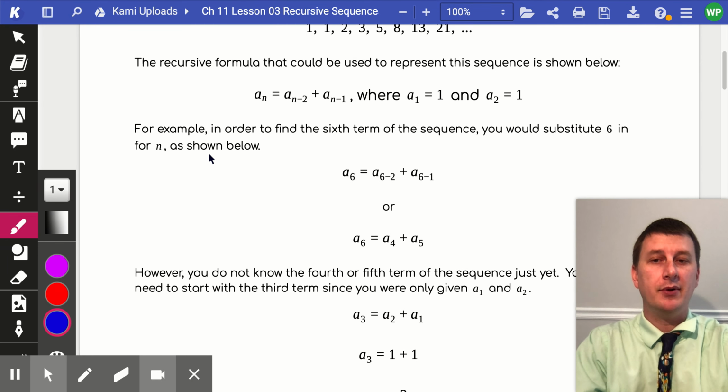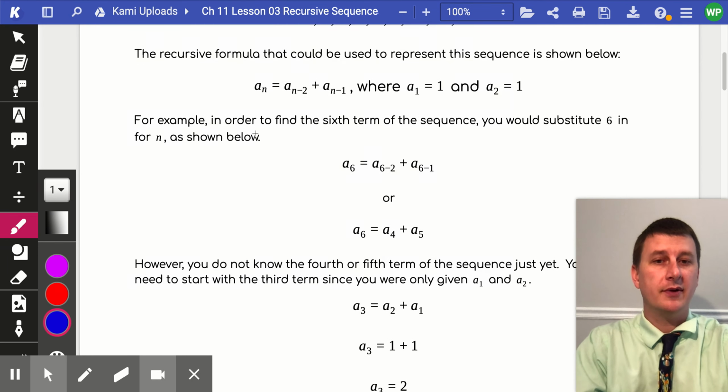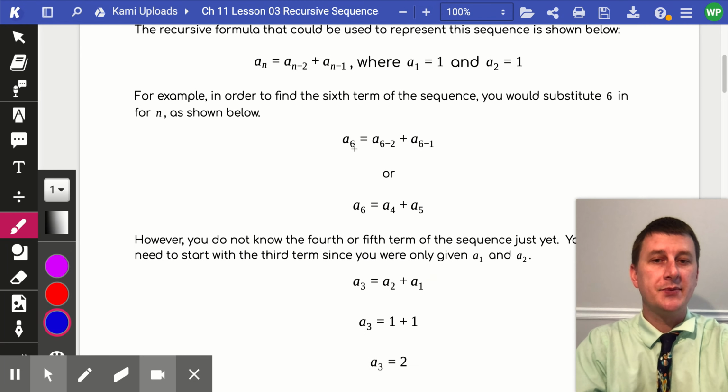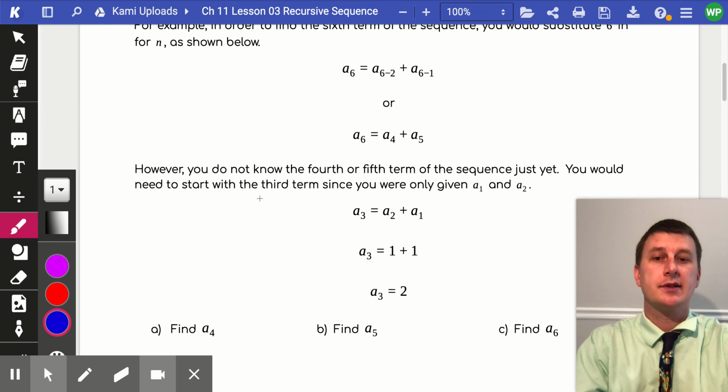For example, in order to find the sixth term of the sequence, you would substitute 6 in for n. A sub 6 is equal to a sub 6 minus 2 plus a sub 6 minus 1. Simplified, the sixth term would be equal to the fourth plus the fifth term, which is what you do to find the next term in a Fibonacci sequence.